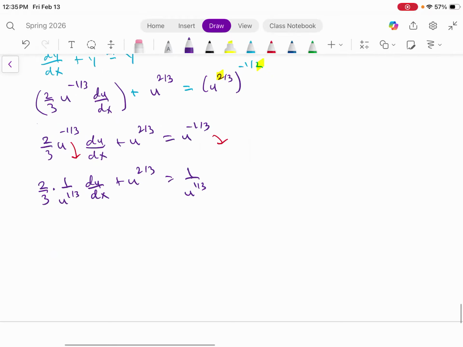Okay, so that takes care of our substitution and cleaning it up a bit. Let's move on to step three, where we are going to get into our linear equation time.